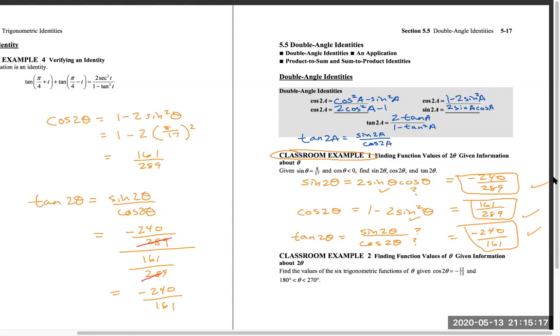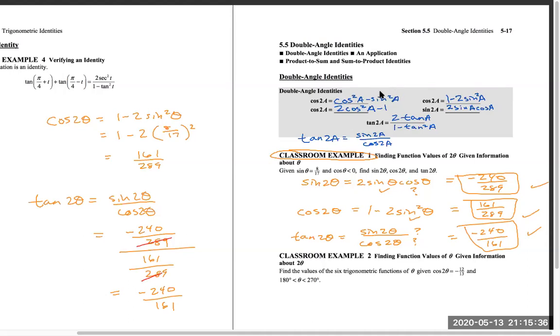Okay, so we finished classroom example 1. Let me do one more problem before I take a break to see if you guys need any more assistance.